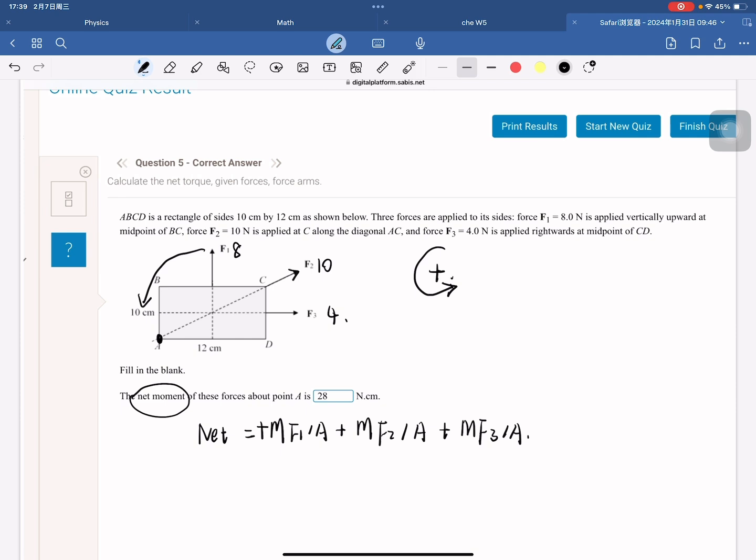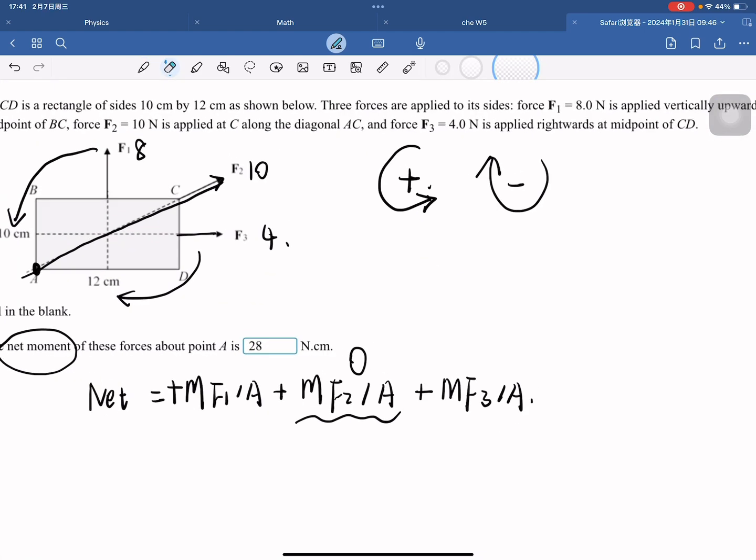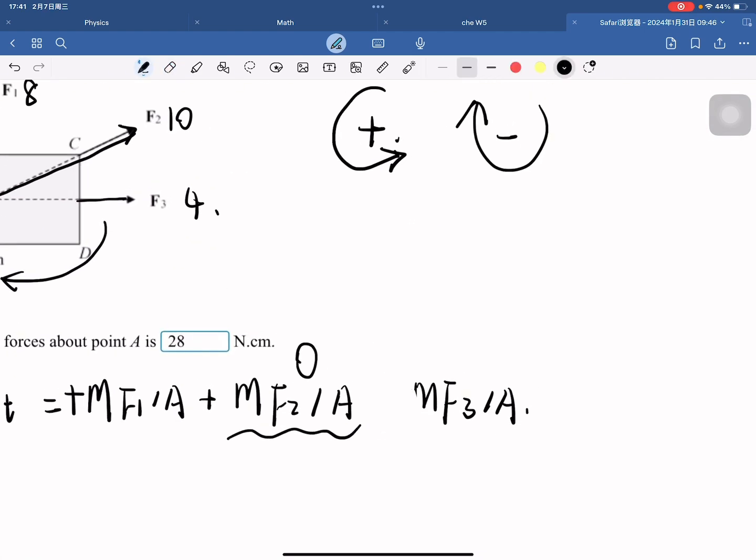F2 is on the same line as point A, so it's equal to 0. F3 is moving clockwise, so it's negative. So we change here to negative.